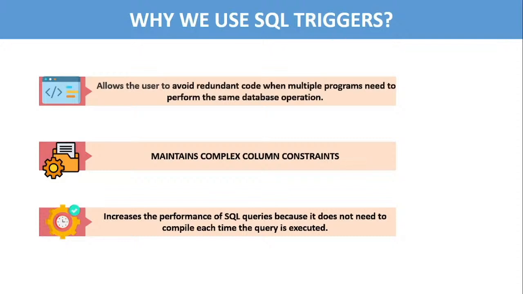SQL triggers also maintain complex column constraints. What I mean by that is it helps in maintaining the integrity constraints in the database tables, especially when the primary key and foreign key constraints are not defined. It also helps in keeping track of all the changes like updation, deletion and insertion that occur in the database table. Triggers also increase the performance of SQL queries because they do not need to be compiled each time the query is executed.